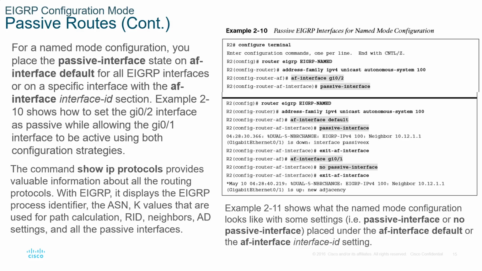depending on how many interfaces you have on your device. So how do you do that in named mode? It's a little bit more process orientated. So we have to enter our process, and now we're going AF-interface and specifying the interface that we want to configure, and then what we want to configure on that interface.